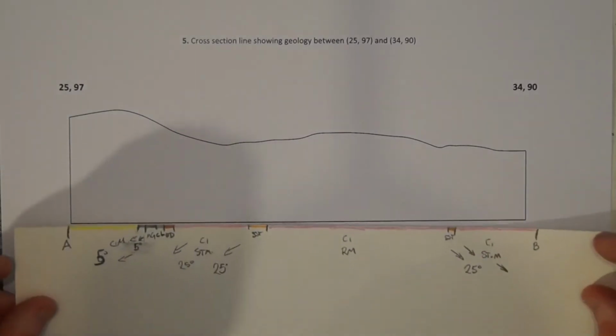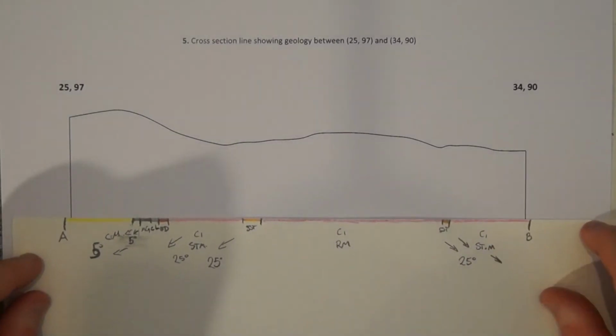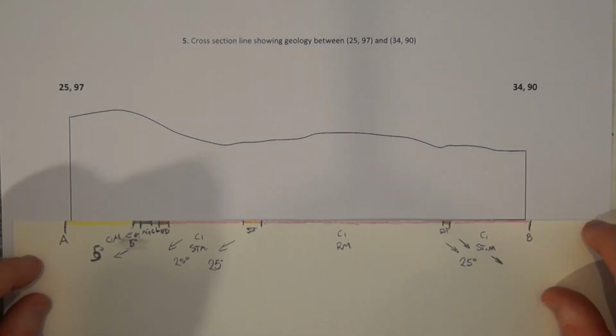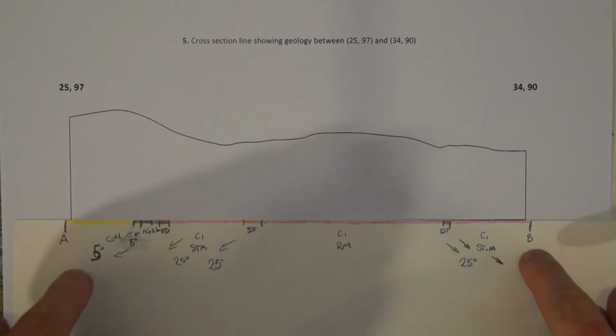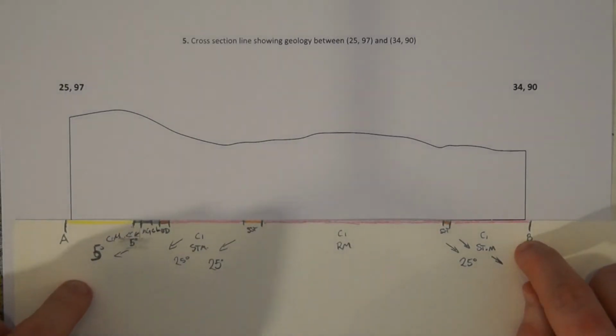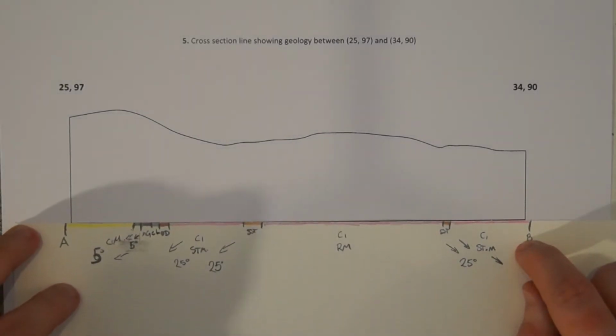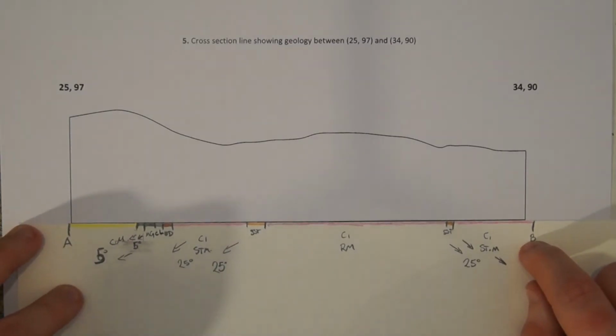So now what I can do is take the stuff that I've recorded for my cross section line, and I can put it on my hill profile. Now again, through reproduction, those points A and B are a couple of mil either side off, but that's okay. I can accept that. That's just the way it goes, I think.